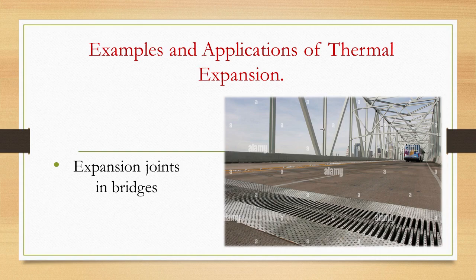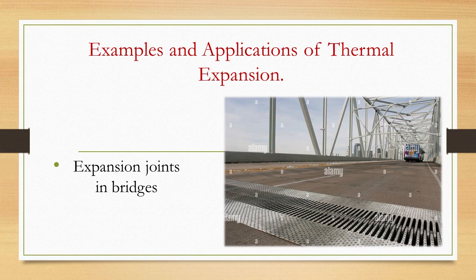Bridges have to last for a long time, and the metals that are used to make bridges will expand during hot weather. So this could cause the bridge span sections to buckle. What does this mean? That this might cause bending of the bridge during the summer season or during hot weather.